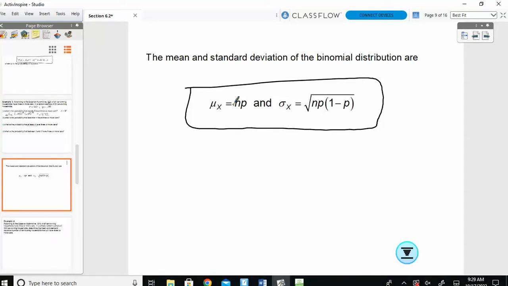So a much easier standard deviation formula than we're used to. We don't have to make any big table and square a bunch of things or anything. We're just plugging in our n, p, and 1 minus p. I would like to do an example with this, and then we'll probably stop there for today.